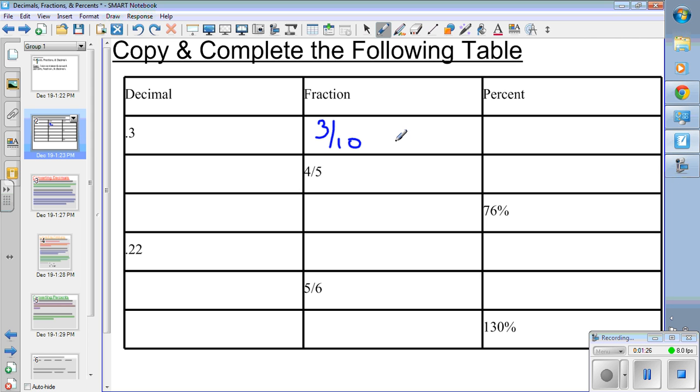And if you recall from our study of percents and decimals, and I know you guys spent a lot of time on this in 6th grade also, converting decimals and percents, 3/10 is just multiplying your decimal by 100. So 3/10 is 30%.